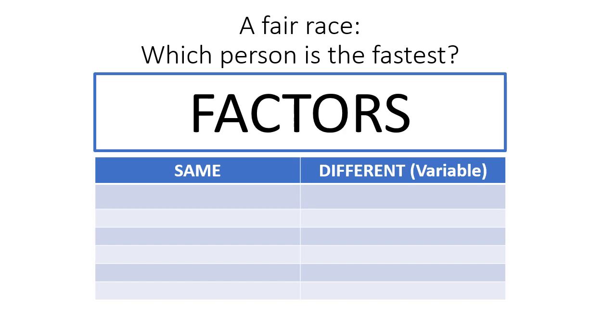And we always discuss the factors that need to be the same and the one that needs to be different. So whether we're talking about a race, how to make a race fair, or how to make an investigation fair, everything needs to be the same except one different factor, which we call variable.